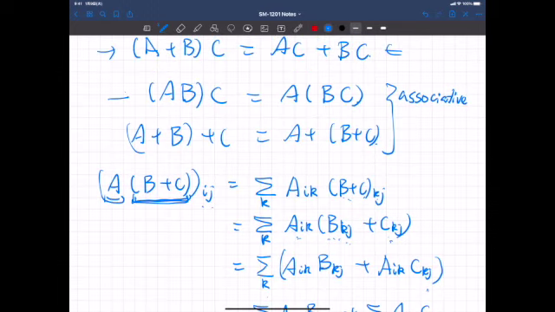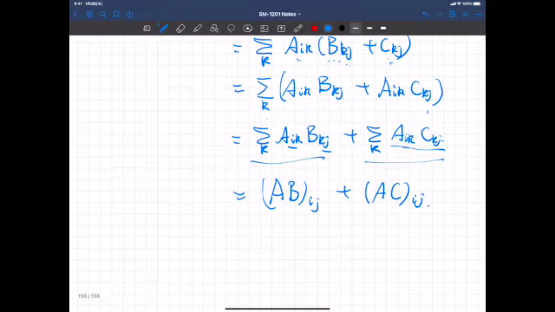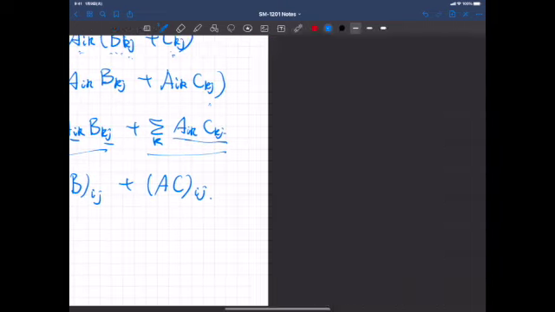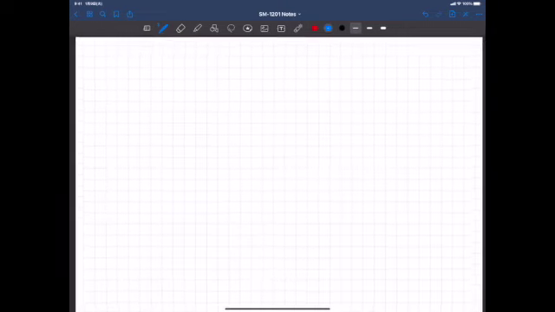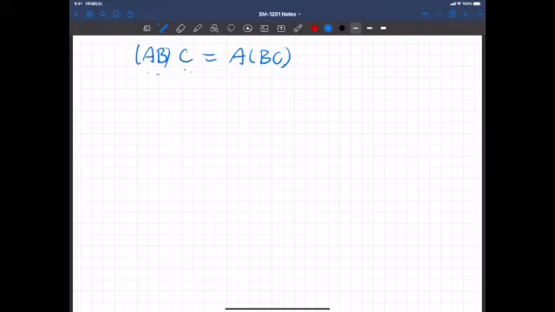And let's prove this third one, the associative law of matrix multiplication. So what we want to prove is this: (AB)C is equal to A(BC). The basic strategy is to calculate the products in two different ways and compare the results.